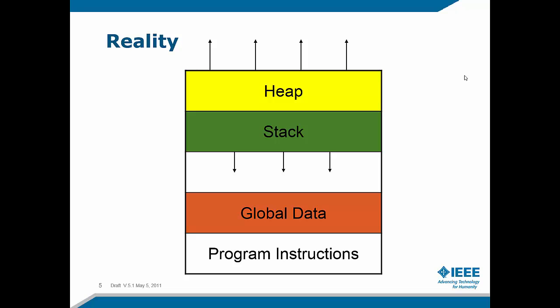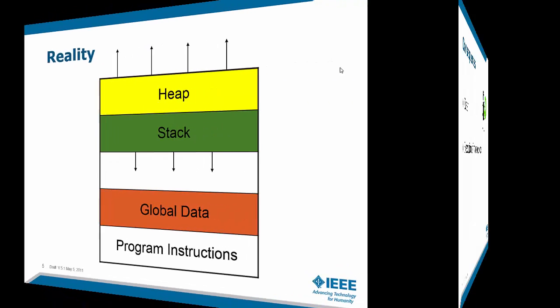So if we go back to our reality slide, as you can see, the heap grows upwards while stack grows downwards, and other pieces of information in your memory such as global data and program instructions are well away from the stack. However, if you have a lot of information added to the stack, it will eventually override, for example, some areas of your memory.